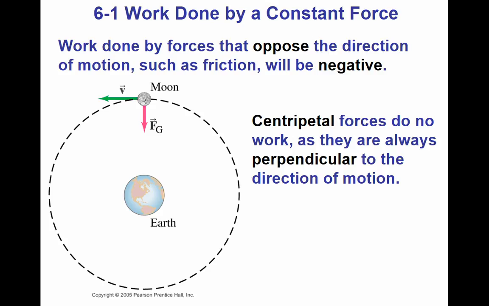They're at 90 degrees to each other. There is basically no force in the direction of its velocity, at least on average. I say that because in full truth, the moon is not a consistent distance away from the Earth.